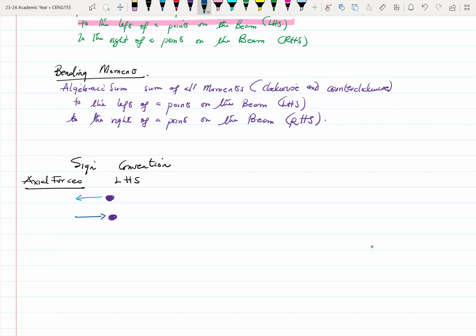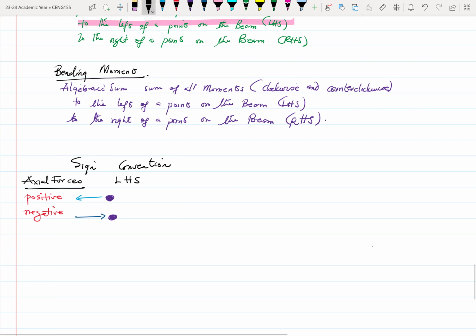These are the forces that you can have on the left-hand side. And then we are saying that if it's going towards the left on the left-hand side, then this is positive. Now this is negative. So in a way, we are treating tensile as positive and compression as negative.